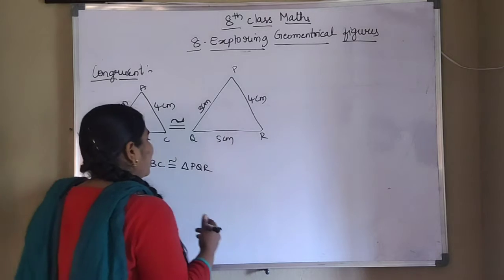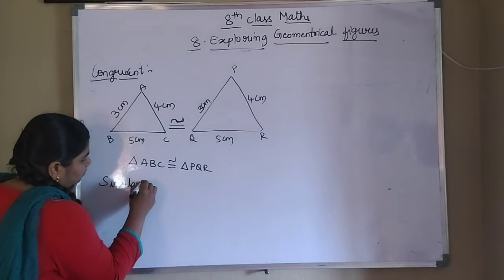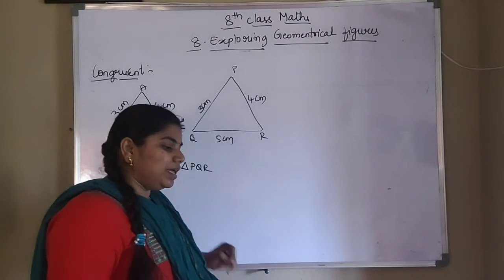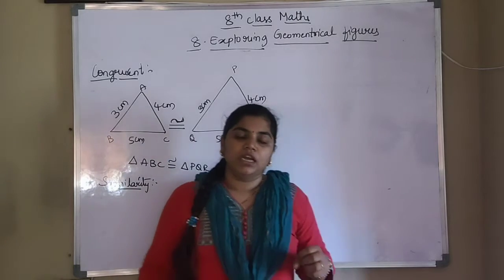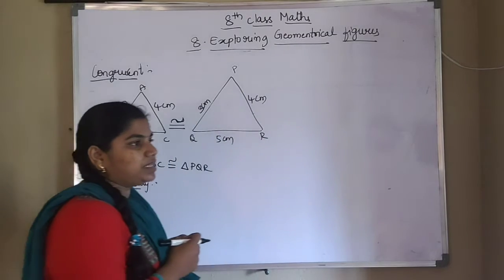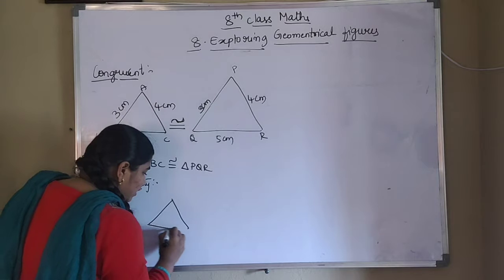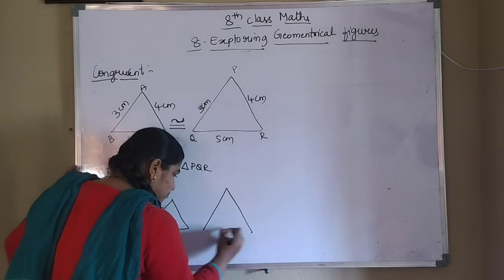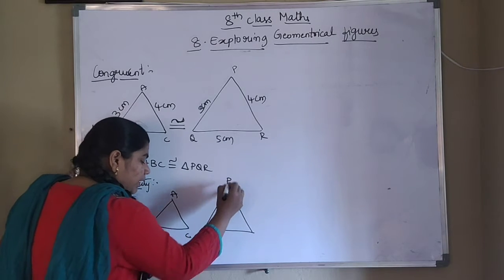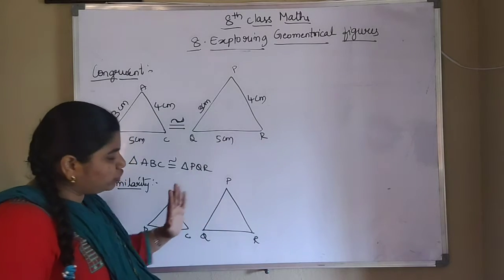Now coming to similarity. What do you mean by similarity? Similar is nothing but the shape will be the same but the size will be different. Suppose I am taking a small triangle and a big triangle, here A, B, C and here P, Q, R. These two triangles are in the same shape.